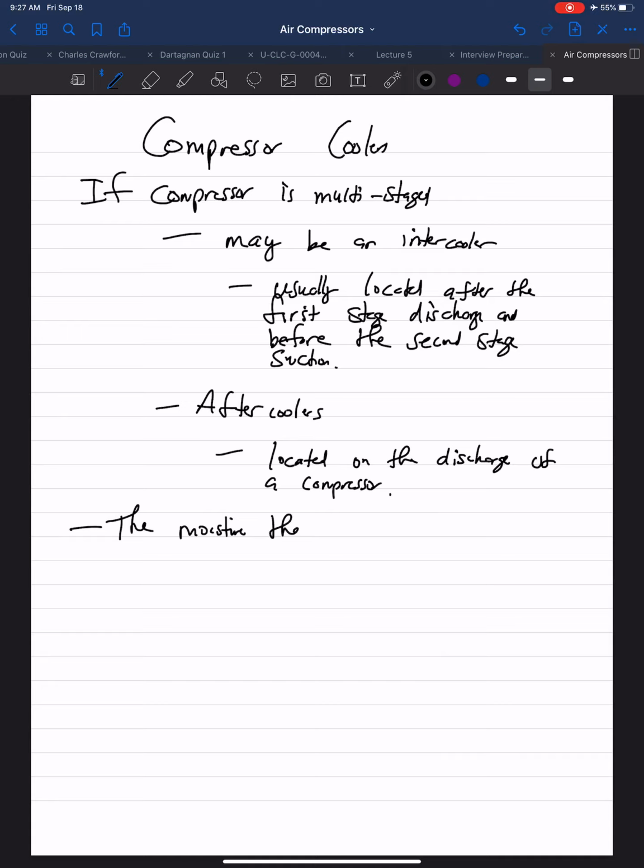The moisture that is removed from the air is collected in condensate traps.